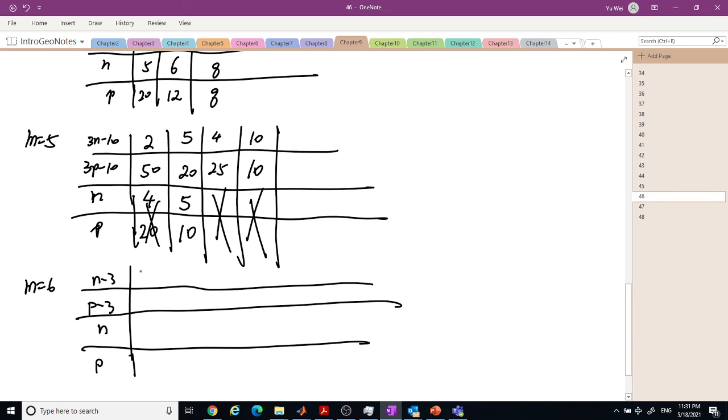So it's 9, so we can have 1 and 9, then 3 and 3. So now we have one is 4 and the other one is 12, and the one is 6 and 6. Here n is less than m, so this one doesn't work. So that's all the solutions.